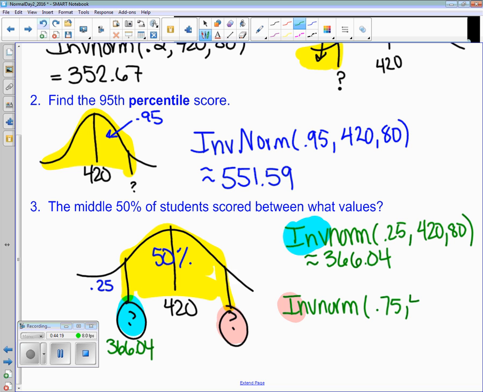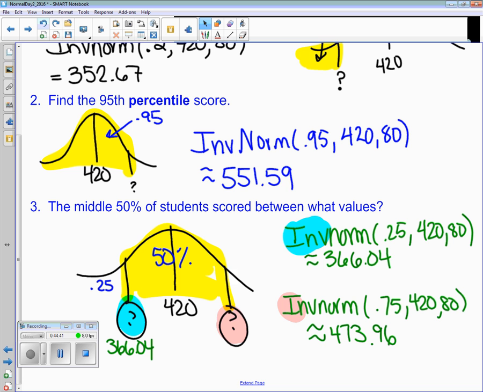And I still have the same mean and the same standard deviation. What number is that? 473 point something, 96. All right. I feel comfortable.